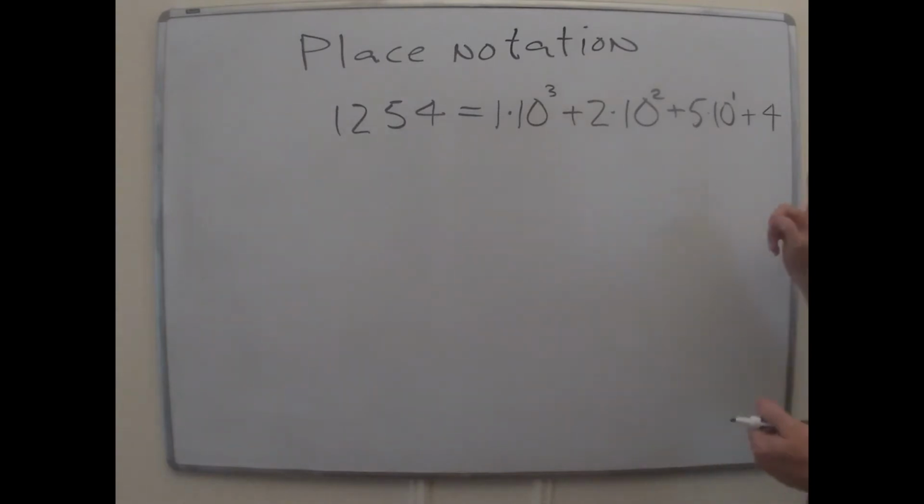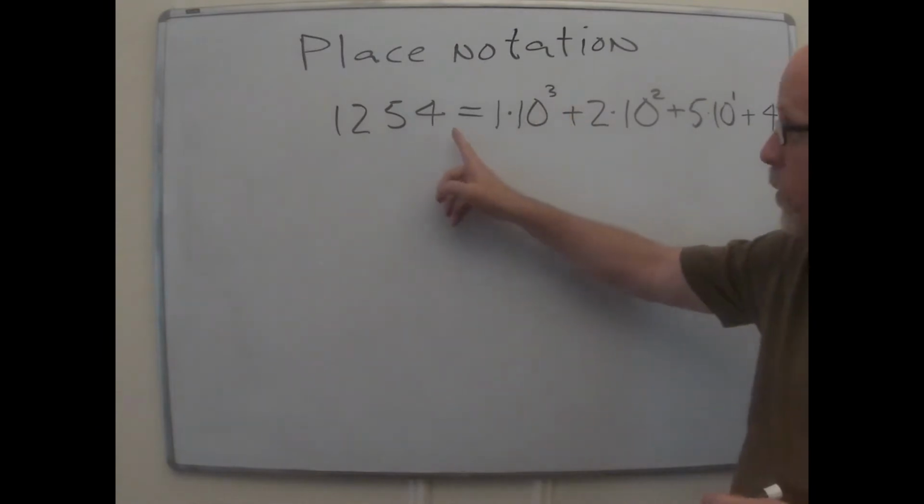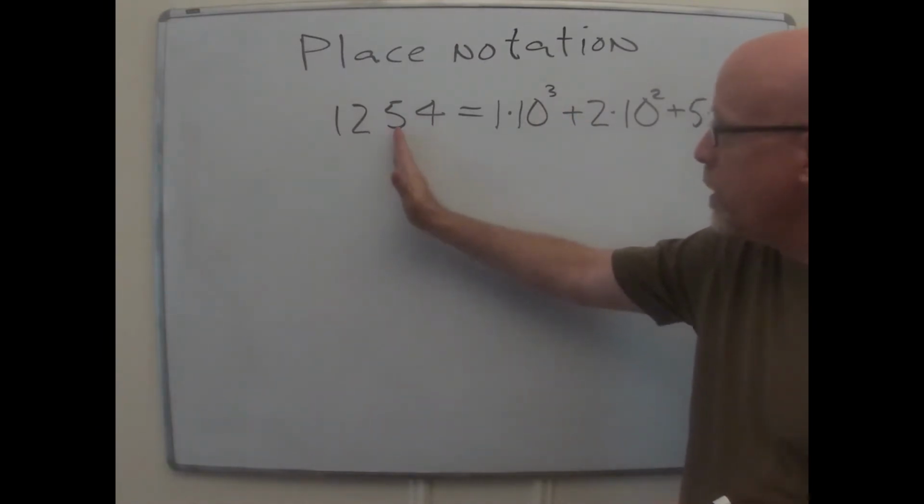I do want to point out, though, that remembering that this is the 10 to the 0 spot helps you with realizing that this one is the third power, not the fourth. See, there's 4 digits here, but we count the positions 0, 1, 2, 3.